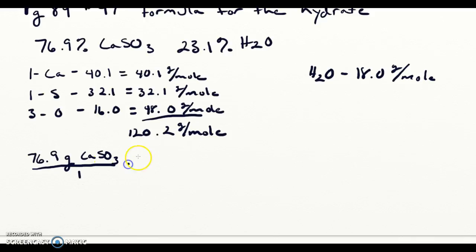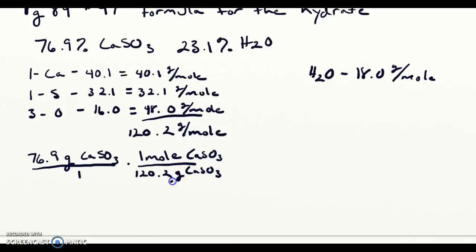And if we change this to moles, it'll be 1 mole over 120.2 grams calcium sulfite. This is calcium sulfite.